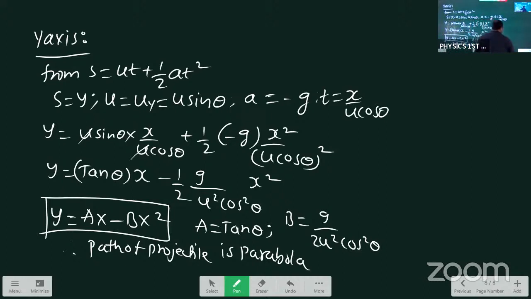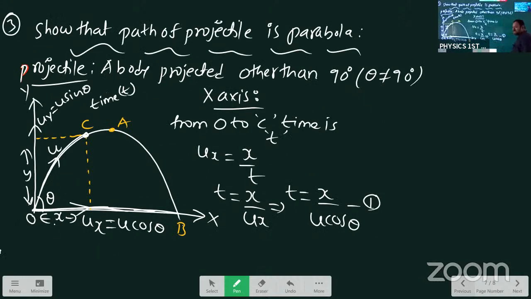So student, one more time I am giving the explanation. Total 3 important 3-star questions are over. One is s equals ut plus half at square, graph method. Second, parallelogram law of vectors. Third, show that the path of the projectile is a parabola. A projectile is a body projected at an angle other than 90 degrees, only that is a projectile.